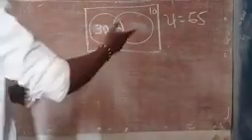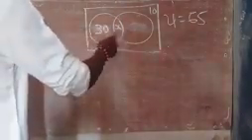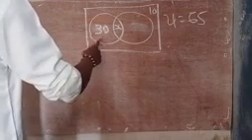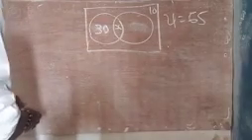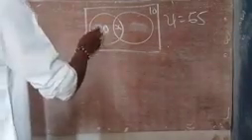The universal set is 65. This is the intersection between the two sets. This is 30. This 30 includes everything, including this x. So x is part of 30. Do you understand? So x is part of 30.